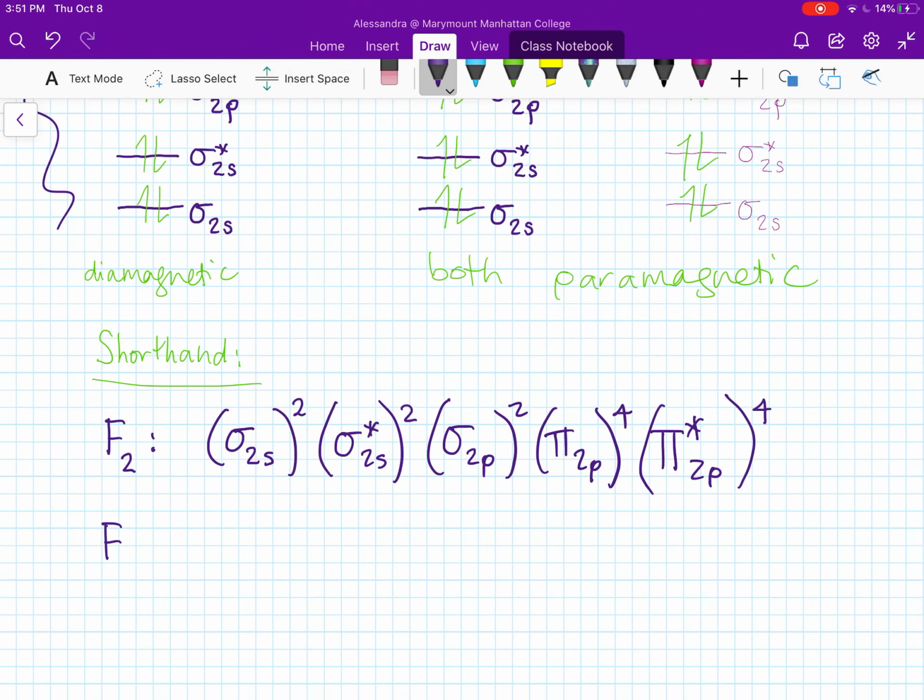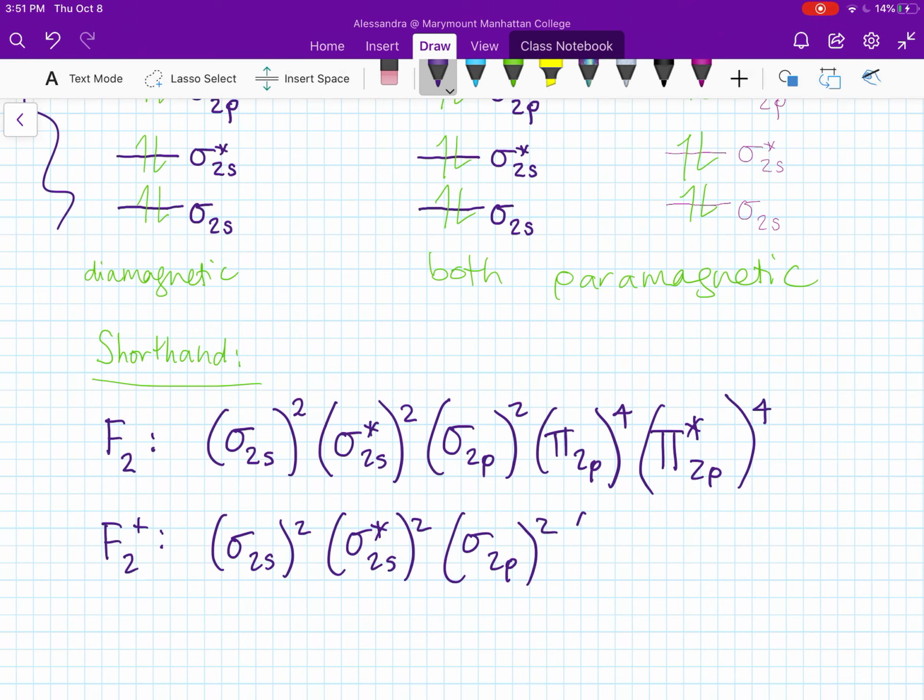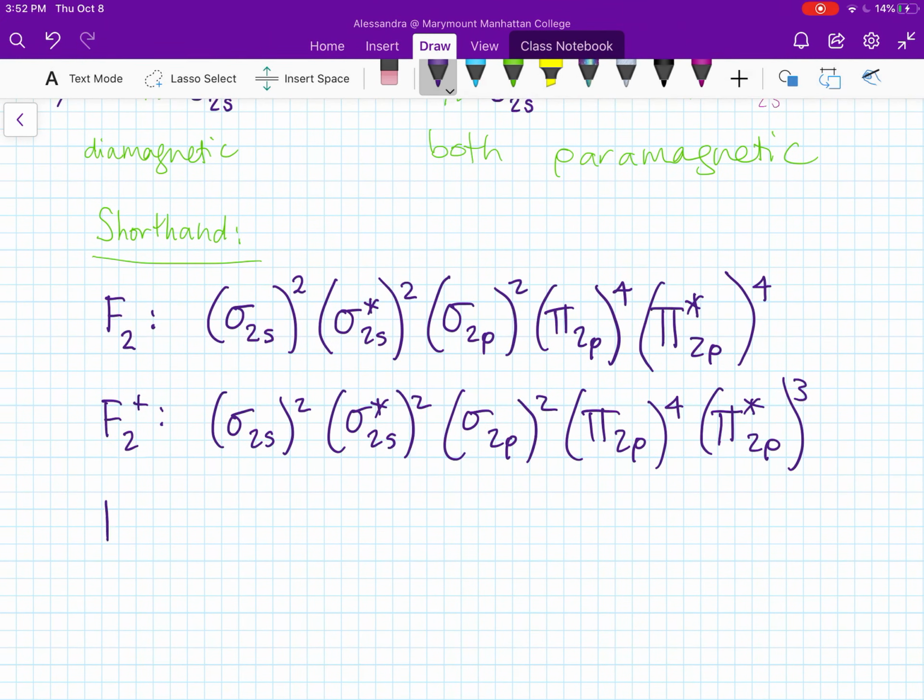Now I can also use the shorthand to show the electron configuration for the ion: sigma 2s 2, sigma star 2s 2, sigma 2p 2, pi 2p 4. And now this one's lost one of the electrons compared with the one above it, so I'm going to have 3 electrons in the pi star 2p.